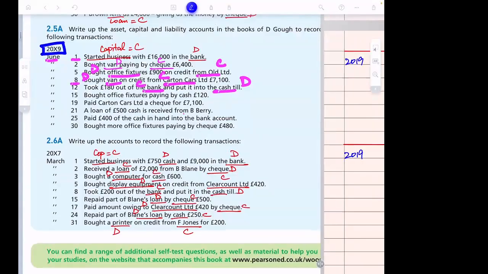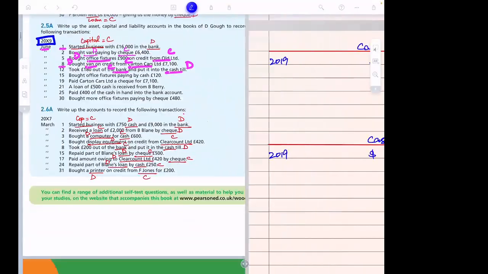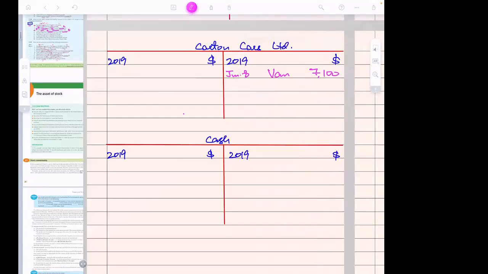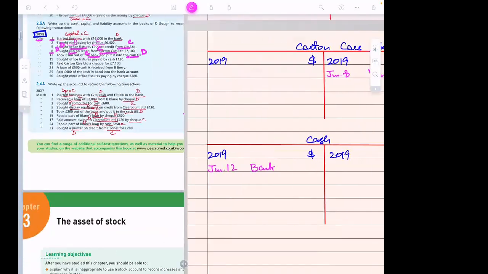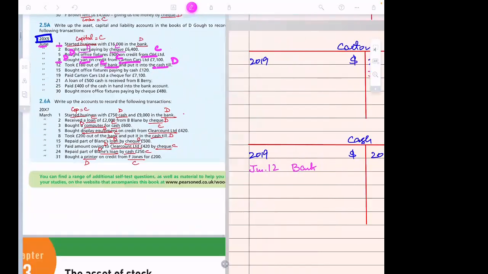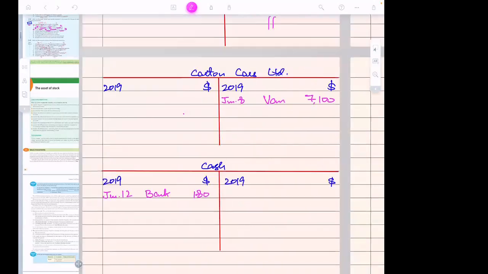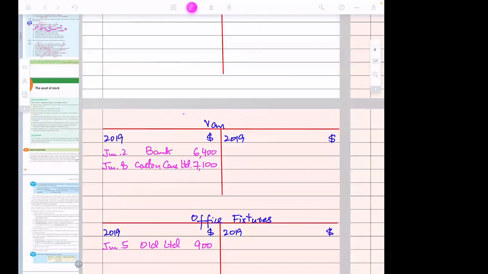So cash debit and bank credit by 180 and the date was the 12th. So June 12th, cash debit and bank is credited by 180. So cash is debited, we write the name bank because that is where the corresponding entry is being passed.